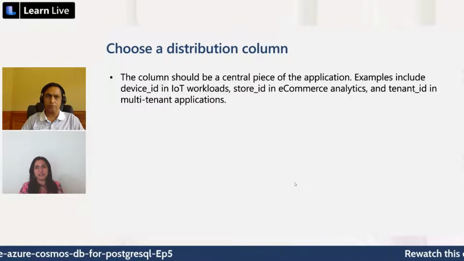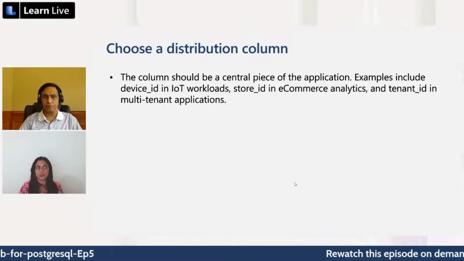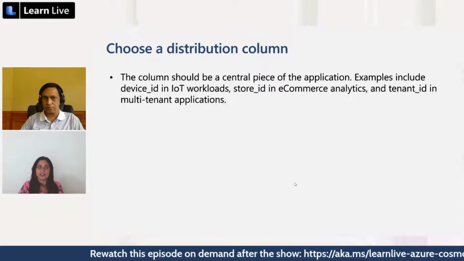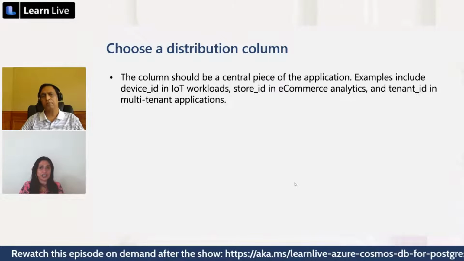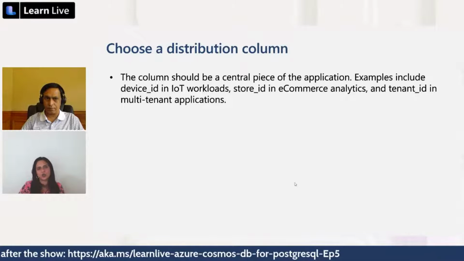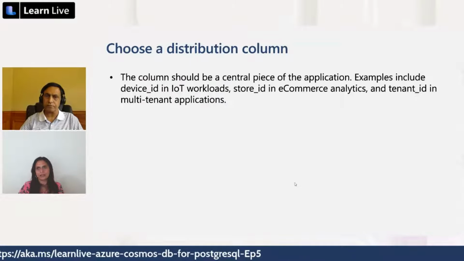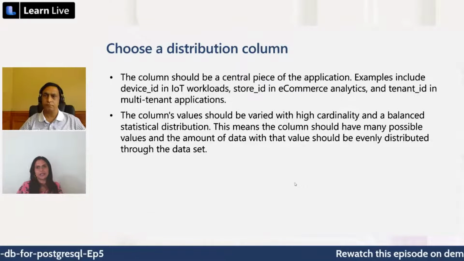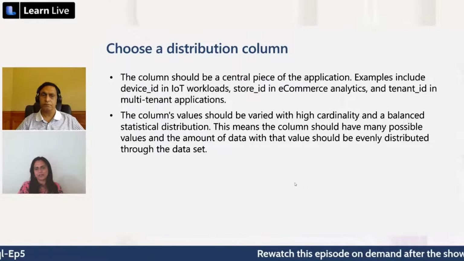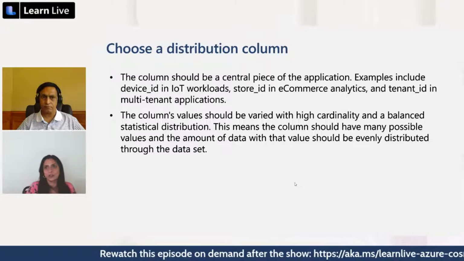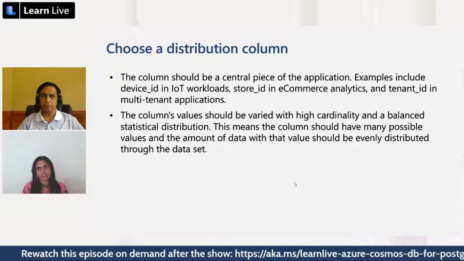If you're using retail and it's all about a store and you only want to know about a store, then you use the store ID. And for example, in the travel industry, if you want to do hotel chains, then it'll be at the hotel chain level. So you need to know what your queries are, how they're run, and how your data is distributed, right? In this case, there are multiple device IDs, and the devices keep spitting out events every minute.